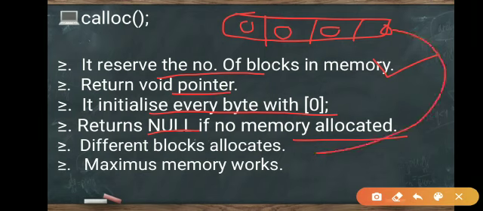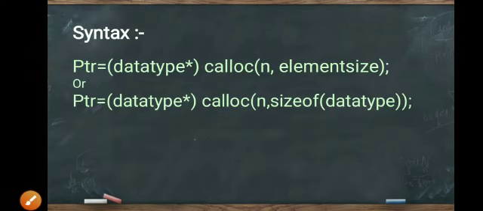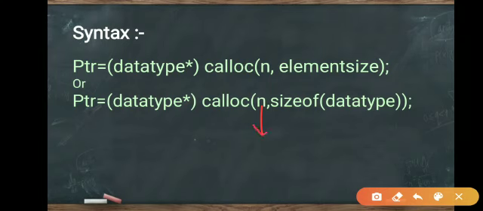This we have seen here, different blocks are allocated, and we use this calloc function when we have to work on maximum memory. See the syntax, that is the same as the malloc function, but the difference is in the arguments, where we pass two arguments, that is n, the number of blocks, and the size of the data type. Suppose I have given 5 blocks and the data type is float.